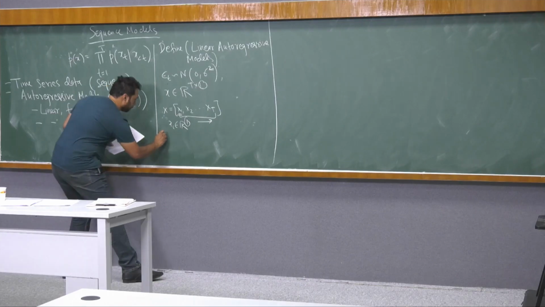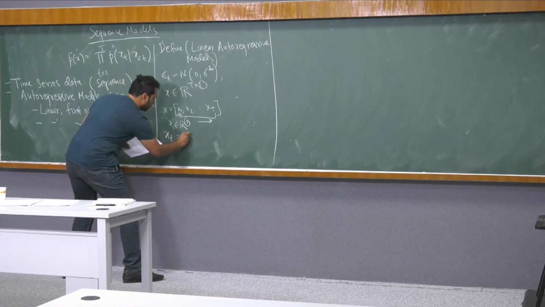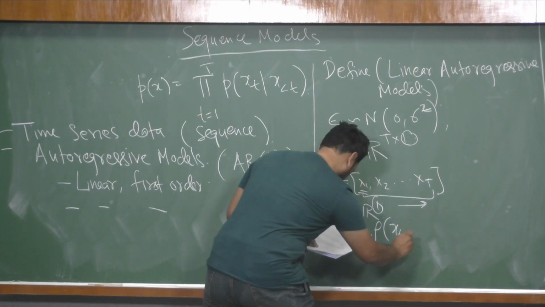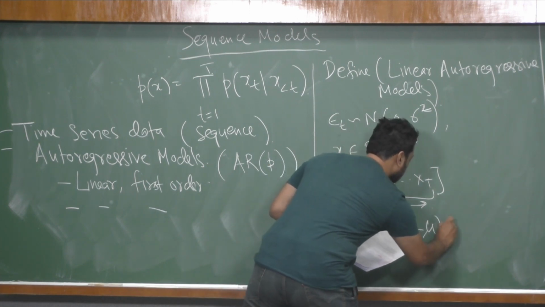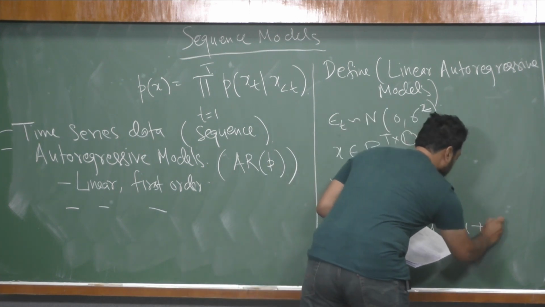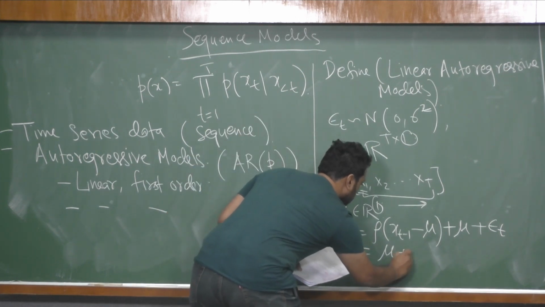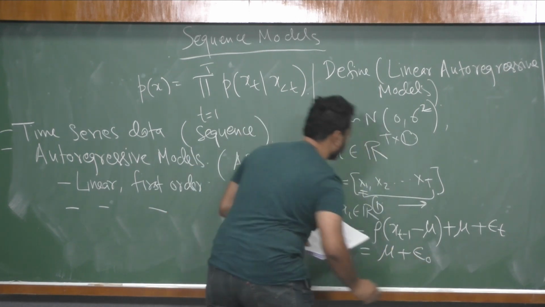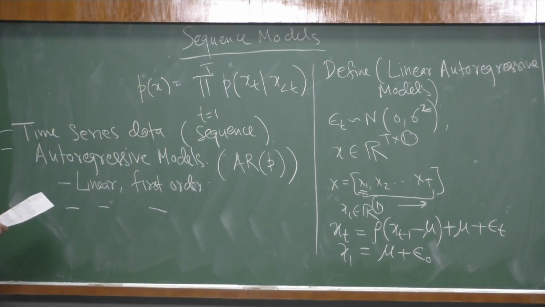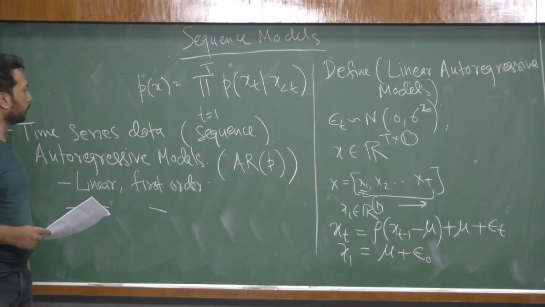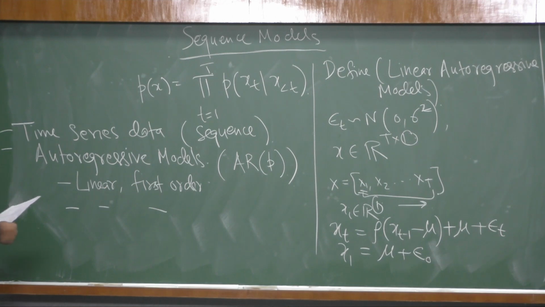I can define it here. xt is rho times (xt minus 1 minus mu) plus epsilon t, and x1, the first in the sequence, is mu plus epsilon naught. This is the recurrence for linear autoregressive, and it is first order because it only depends on the immediate previous one.